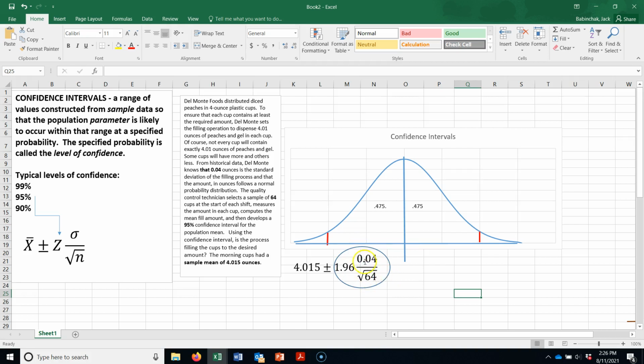We're going to do this part in parentheses first, multiply it by 1.96, and then we're going to add it and subtract it to this sample mean of 4.015. So when I do this side of the equation here, it comes out to 0.0098.